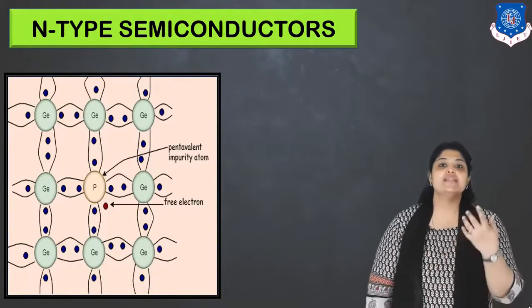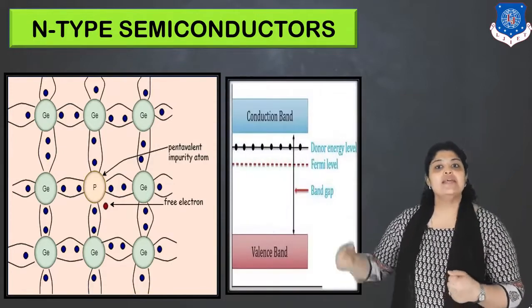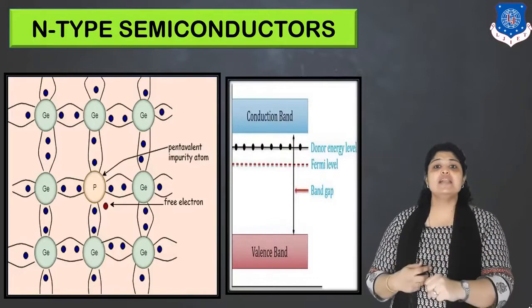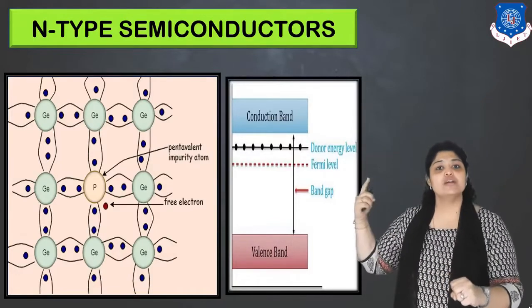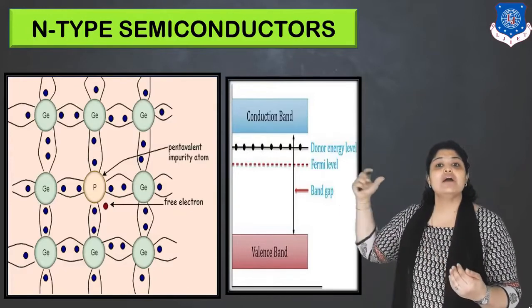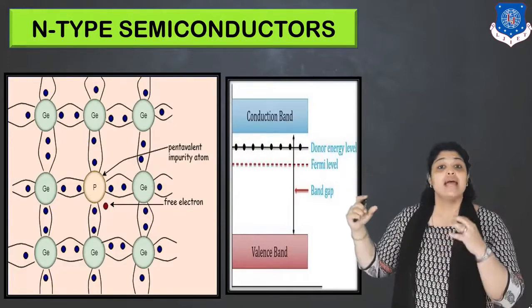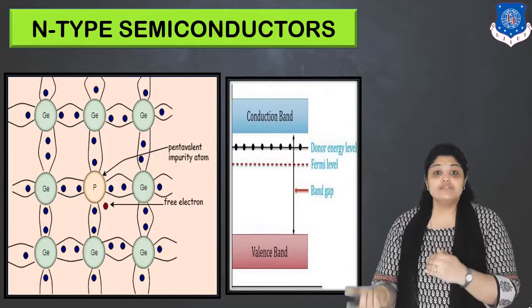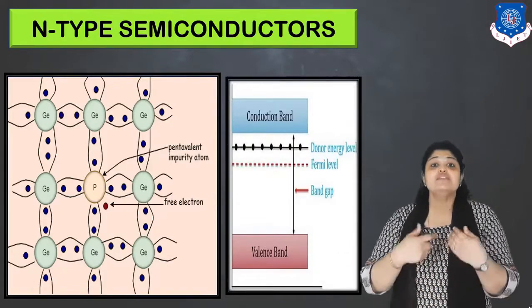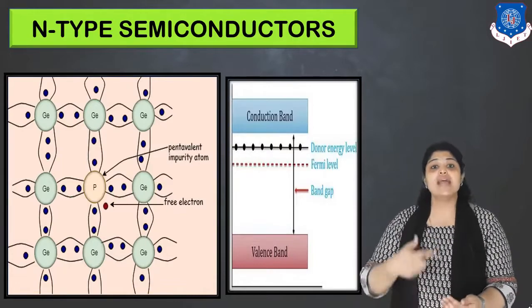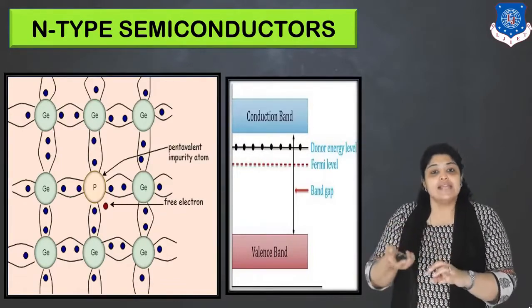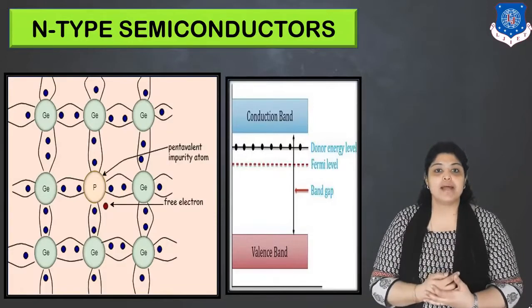Now let's have a look at the energy band diagram. In the energy band diagram here, you can see the valence band. This valence band is of germanium, the conduction band again of germanium. In between them you can see a donor level. And this donor level is of the impurity that we have added. The impurity which we have added already has 1 extra electron, and that electron it can easily give to the conduction band.